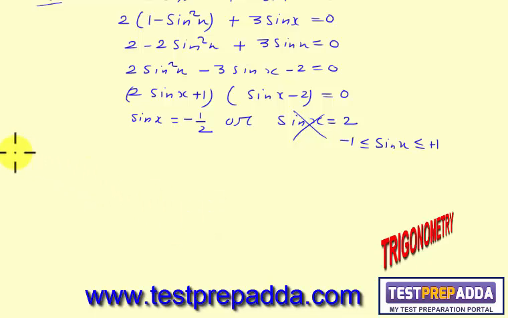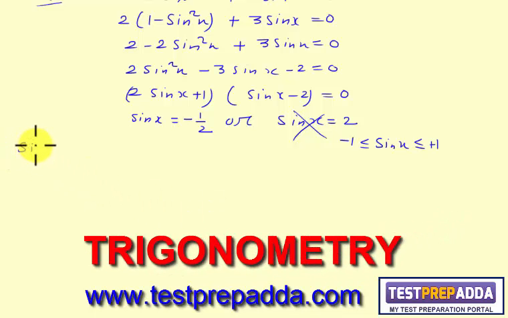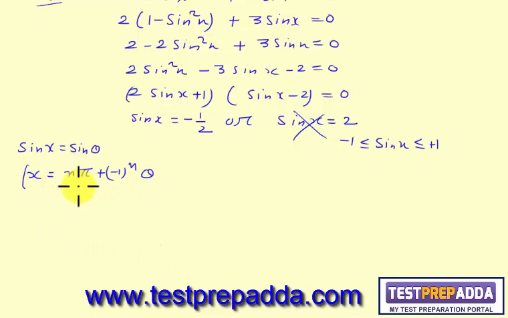Now recall the standard trigonometric equation where sin x is equal to sin theta, x is equal to n pi plus minus 1 to the power n theta, where n belongs to integer. Here minus half is the value of sine of minus pi by 6.